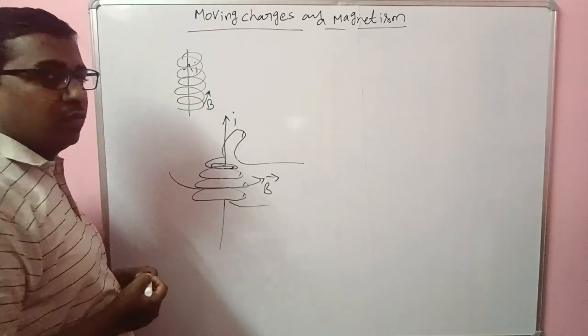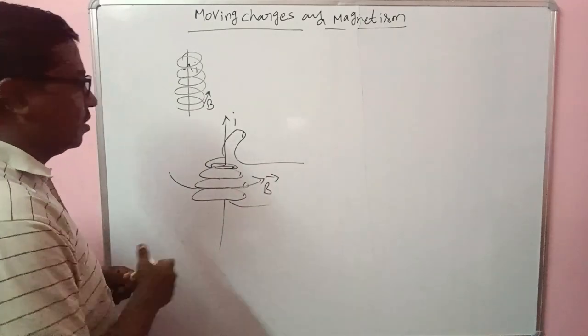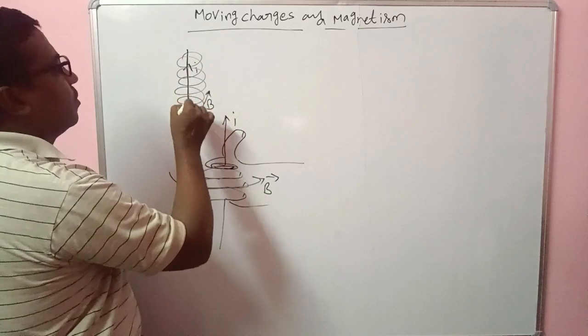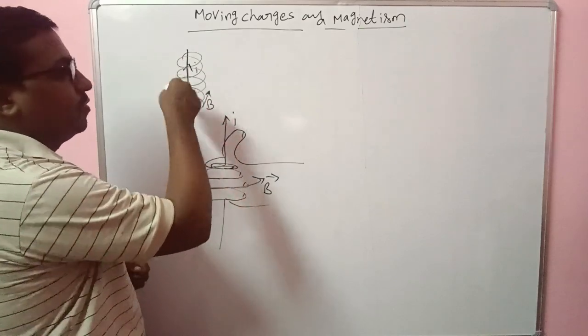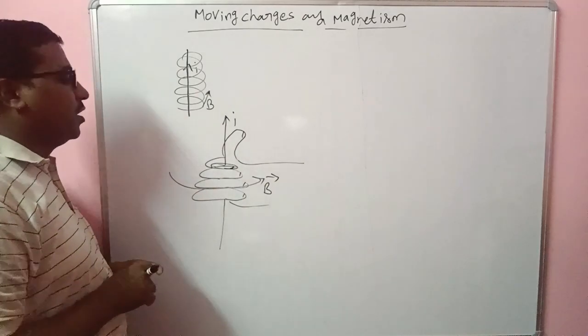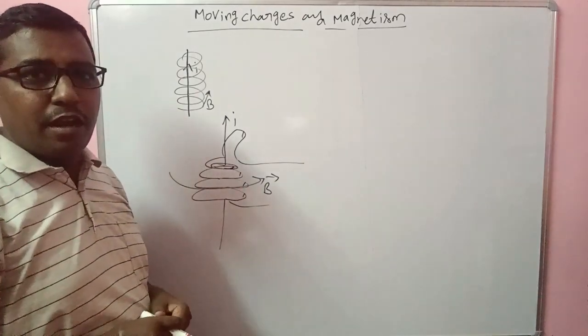That is, the curled fingers represent the magnetic field B bar. So around a current carrying conductor, a magnetic field will be produced, and its direction is represented by the right hand thumb rule.